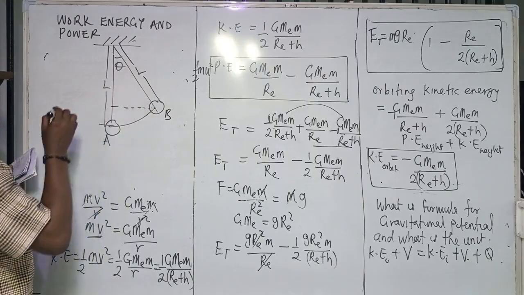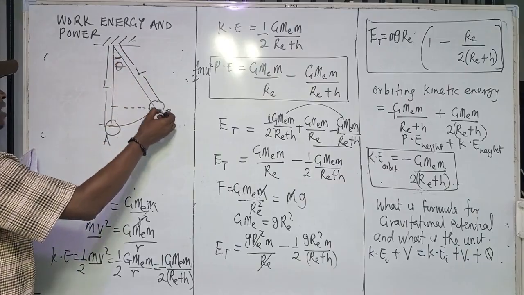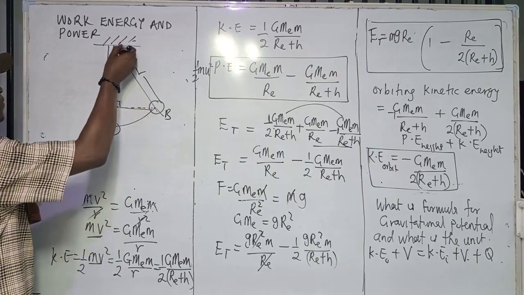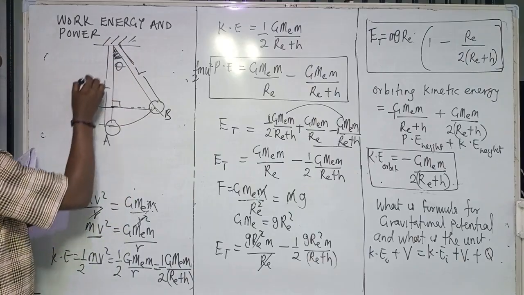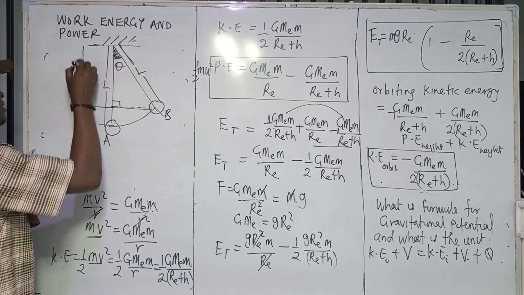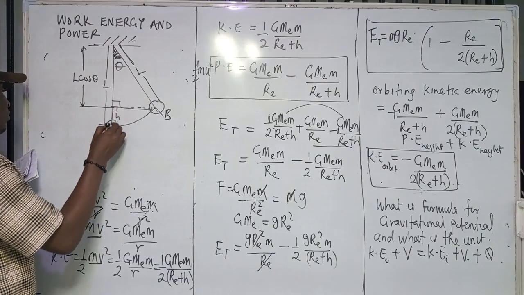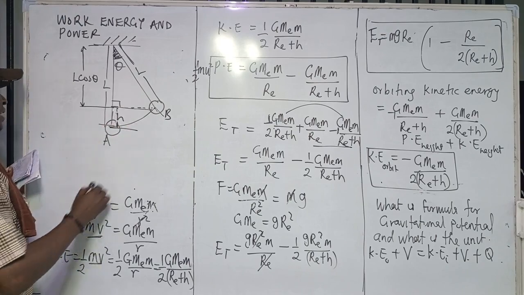Now let's take from here. If you resolve this length, because look, this is 90 degrees, with respect to this angle theta, then from here to this level we have L cos theta. Please take note of that. Then the height that this one has moved, h, from here to this place is h.